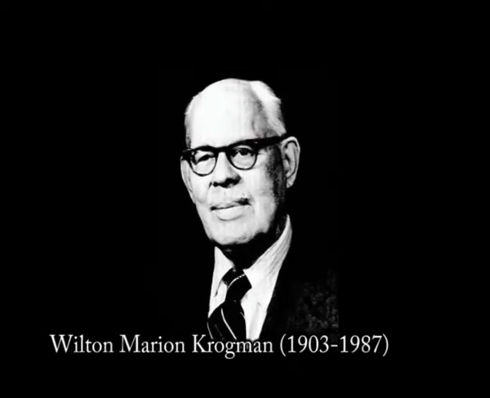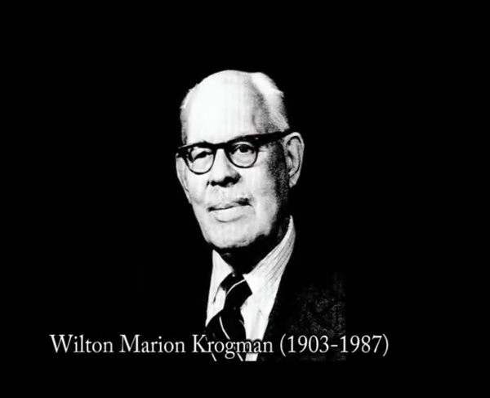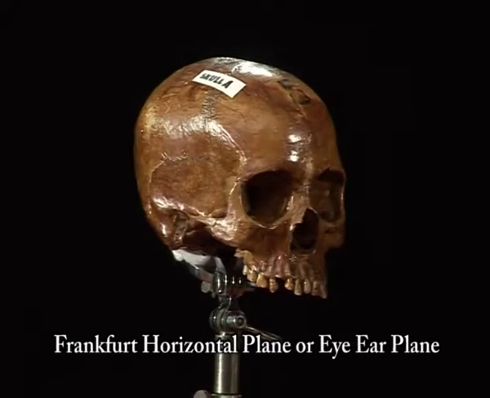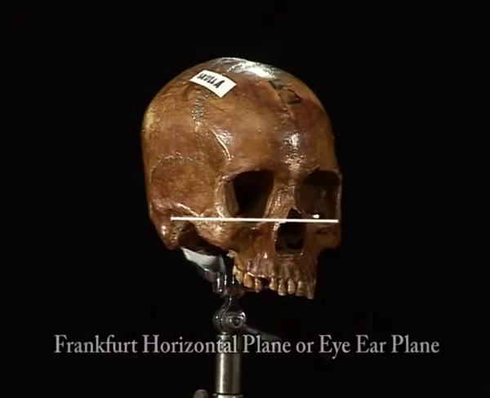Although many planes have been suggested and Krogman has gone to the extent of describing up to 20, yet one of the most well-defined planes and is internationally accepted is that of the Frankfurt horizontal plane or eye-ear plane.